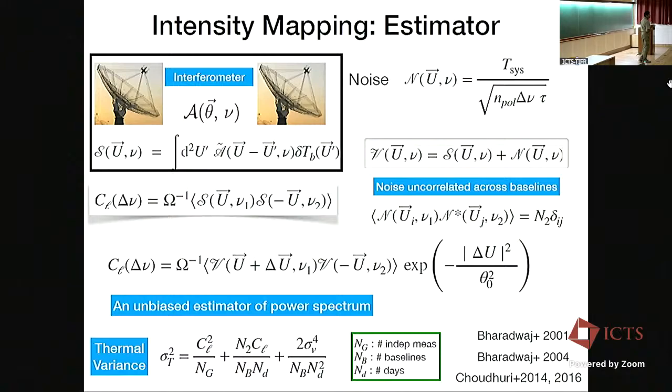So you correlate the visibilities at 2 different baselines, and that directly measures the multi-frequency angular power spectrum, modulo something which you can actually measure from your data. And then this estimator, because it only talks about this bias which may come from the noise, is actually unbiased because the noise term does not appear here. But of course, it has uncertainty. The uncertainty comes mostly from thermal noise. But if you go to lower multipoles, obviously, you will have the cosmic variance as well.